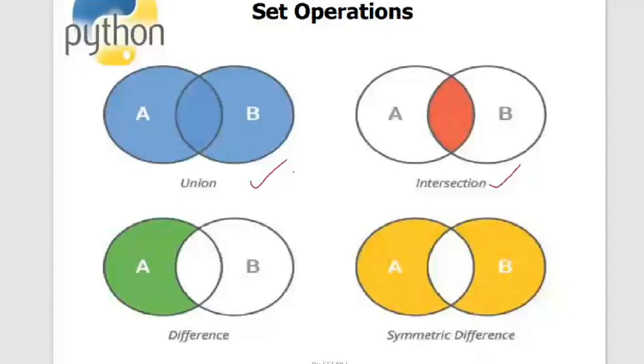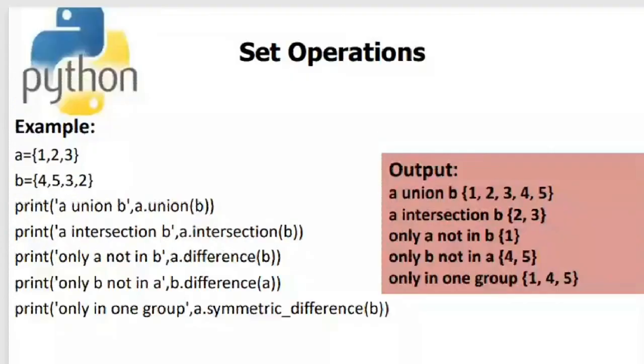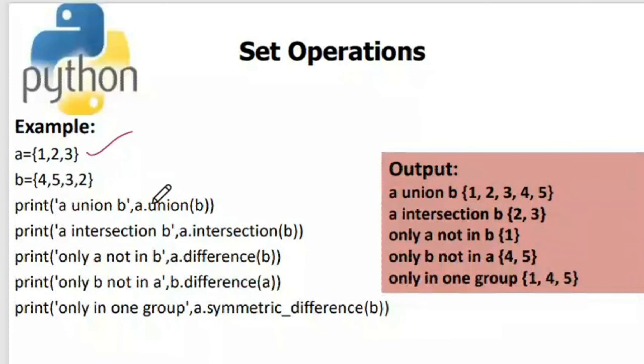Here I have taken two sets. A is equal to 1, 2, 3, and the second set is 4, 5, 3, 2. In this particular format, I'll say A dot union B. This B will be an argument into the union function.